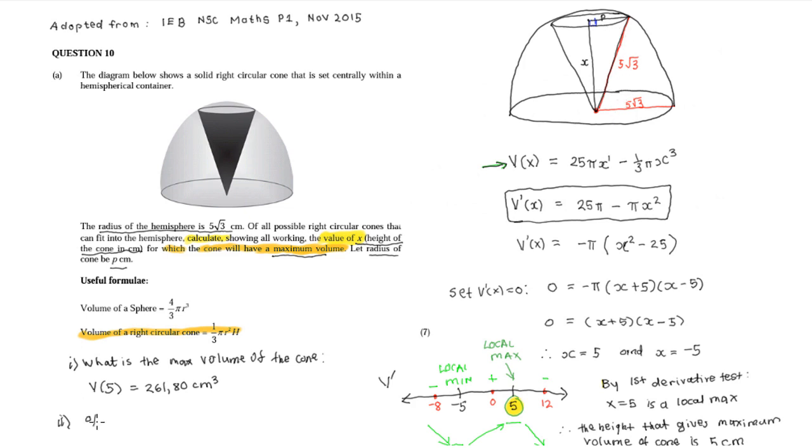That would just be, well, what percentage of the hemisphere is the cone, and that would equal the volume of the cone at its maximum position, which we just calculated, 261.80, divided by the total volume of our container, and we can get that by using the volume of the sphere divided by 2.